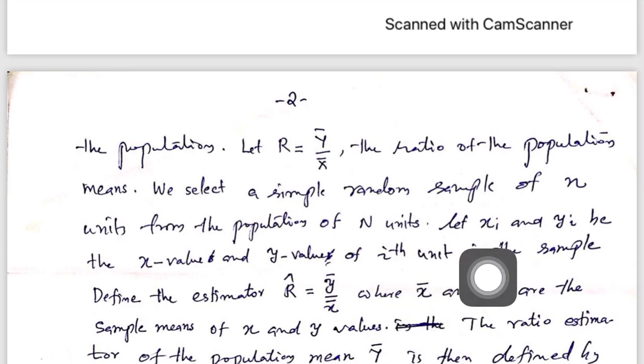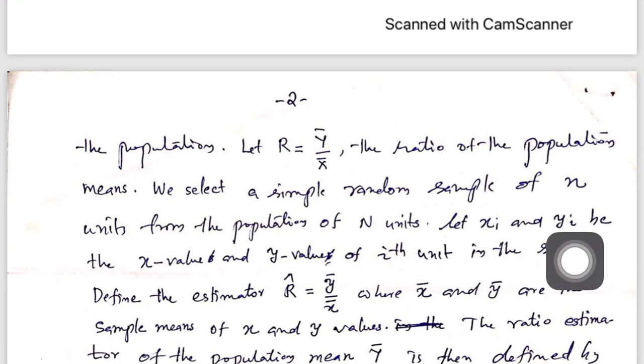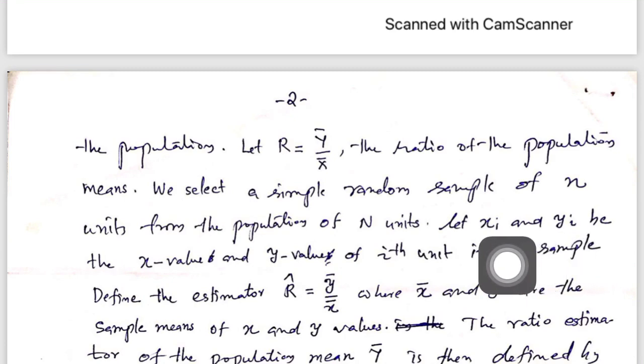Here small xi stands for the x value of the ith unit in the sample, and small yi represents the y value of the ith unit in the sample, as in the case of capital Xi, which stands for the x value of the ith unit in the population, and capital Yi stands for the value of the y variable in the population.